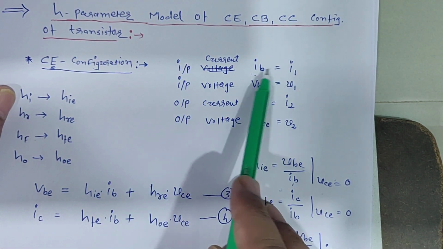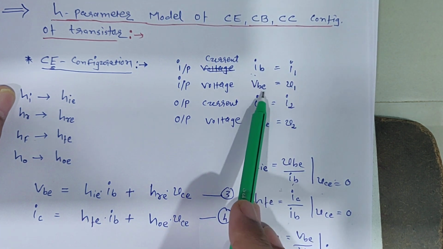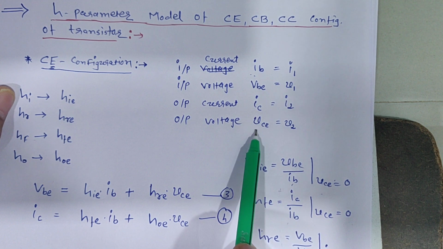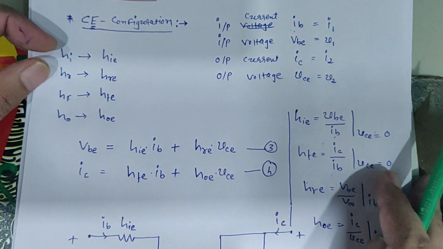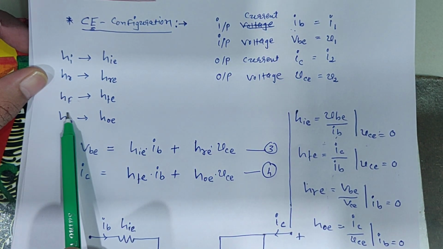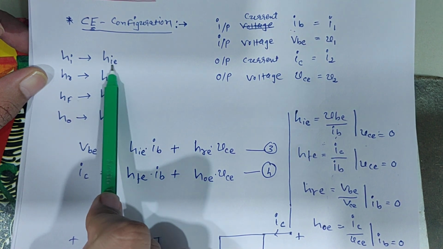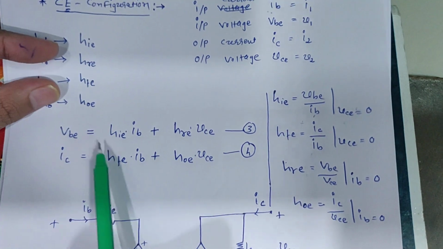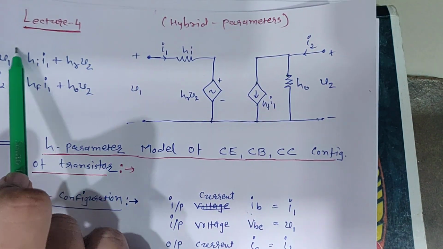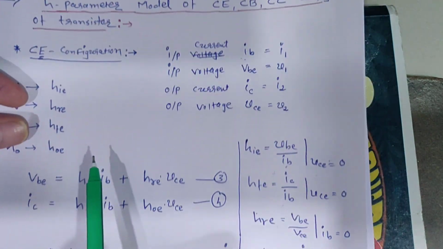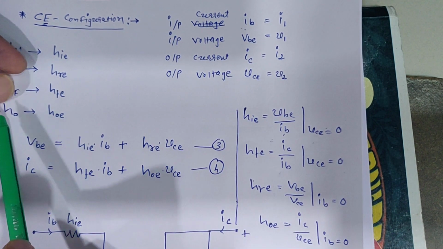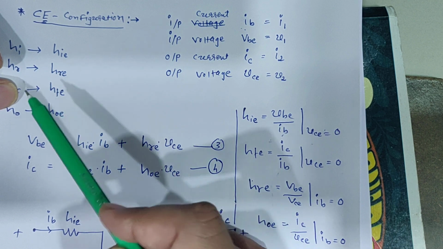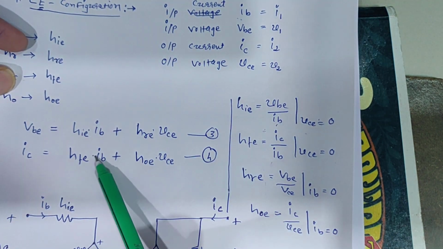You have to represent I1 with IB, V1 with VBE, I2 with IC, and V2 with VCE, the output voltage. The common H parameter names will be represented with the additional suffix E. Then we can rewrite these two equations in a new format by putting in these different names.